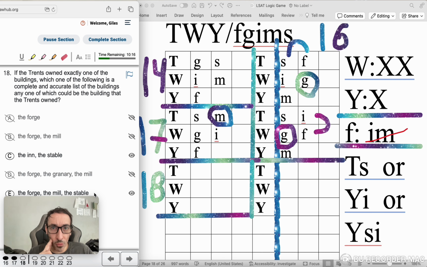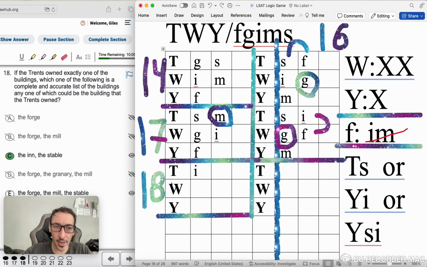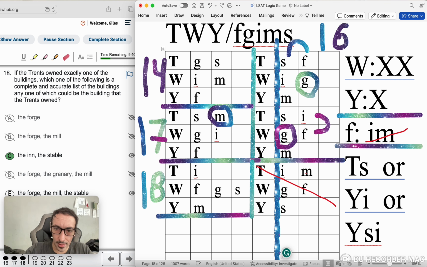Instead of playing both of these options to figure out which one is correct, go ahead and play one of them. I'm going to choose choice C, and I'm going to create a world where I'm going to see if it's allowed to be played. Now, I created a world where I is going to be in the ownership of T. If you look right here, it should be in a position where it's going to be I and S. Let me see if I can make that letter M into an S here.